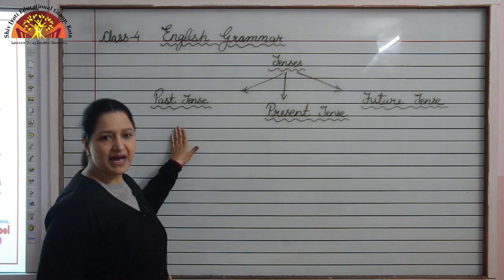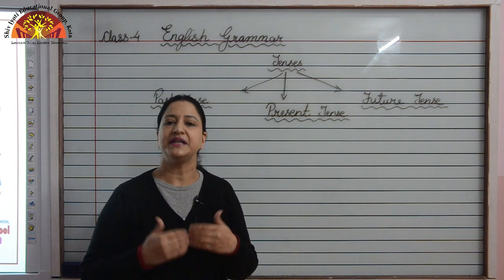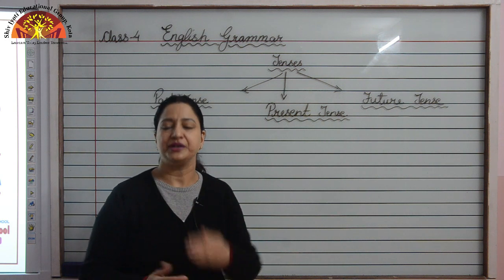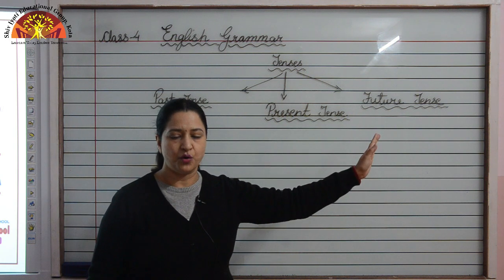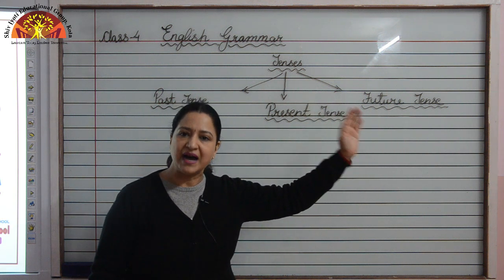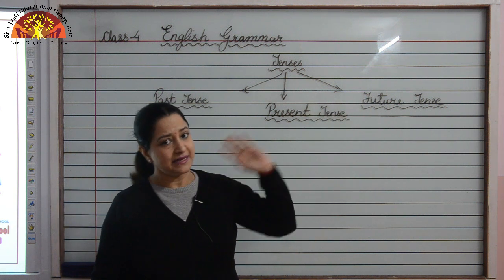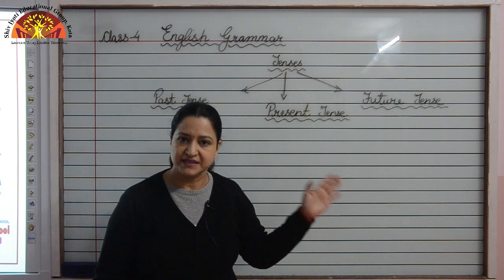Now, what is past tense? Past tense expresses time or denotes an action which happens or took place in the past. When we are talking about some past activity or past incident which took place in the past and ended there only, then it is past tense.